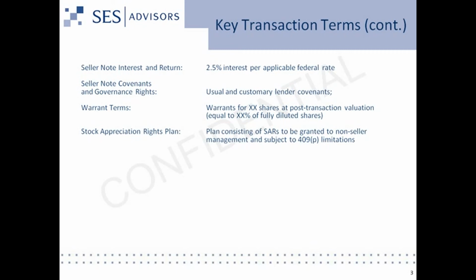So they will create, as part of this, retention SARs, stock appreciation rights that mimic equity positions, so that they reward management or other key personnel for staying with the company, making sure that it grows as it was projected, making sure that the sellers get repaid, making sure that the long-term sustainability of the organization is attended to.